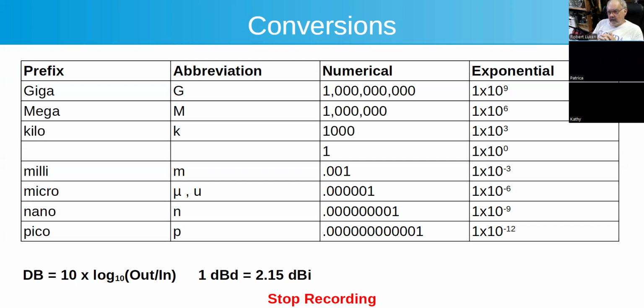When we talk about antennas, where we're using it as a reference, remember that 1 decibel relative to a dipole, which is the dBd, is equal to 2.15 decibels relative to the isotropic radiator. I put that on there because there is a question where that's the answer.